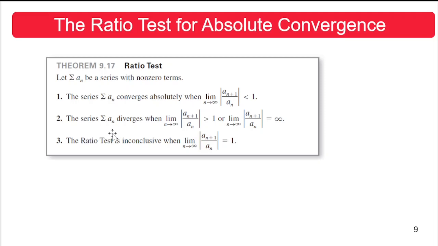Number two, the series diverges when the limit of the absolute value of a sub n plus 1 over a sub n as n approaches infinity is greater than 1 or equal to infinity. And last, the ratio test is inconclusive when the limit of the absolute value of the ratio of a sub n plus 1 and a sub n as n approaches infinity is equal to 1.